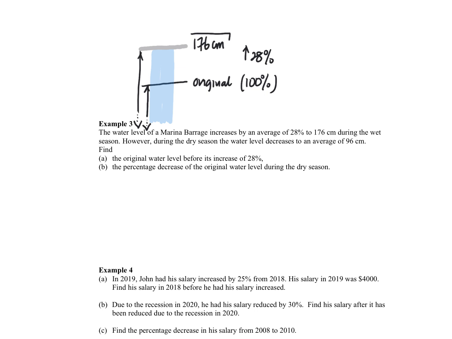So what is the percentage of this height? 128%. So 128% is 176 cm. Go and find the 1%, and then go and find the 100. They never say decrease by how many percent, so we don't know yet, but we can find out. This one is after it decreases.